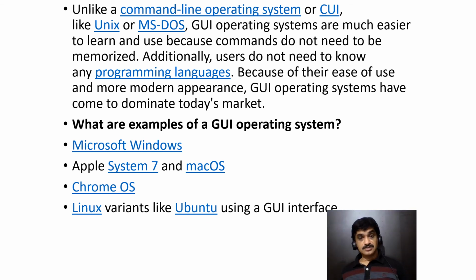Then Microsoft Windows and other platforms used it. Mac OS is the operating system of Apple, and both are Apple's. Chrome OS, Linux, and Ubuntu all use the graphical user interface.